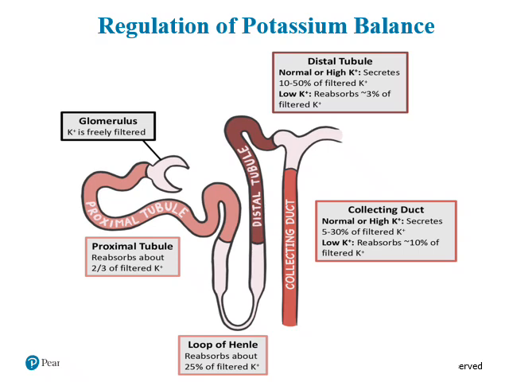With low potassium, we reabsorb 10% of the filtered potassium, and that's through homeostasis. So the main regulatory site of potassium balance is the cortical collecting ducts, by regulating the amounts that are secreted into the filtrate.